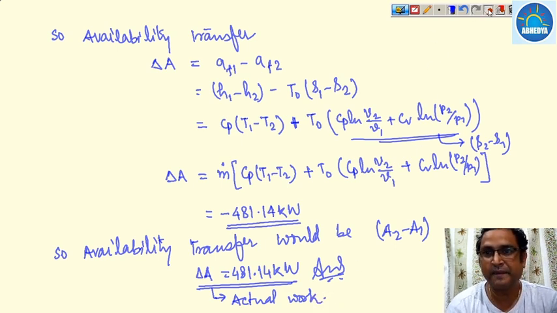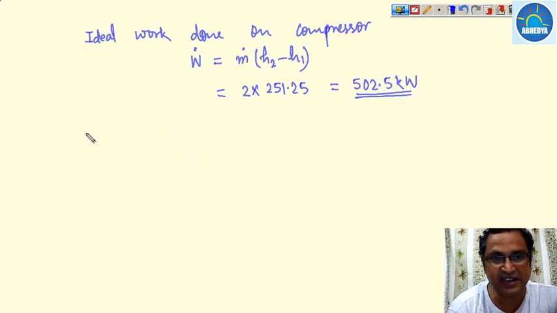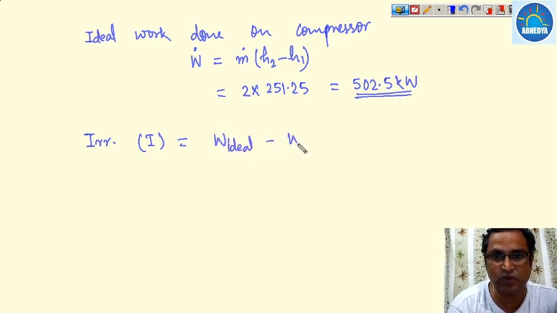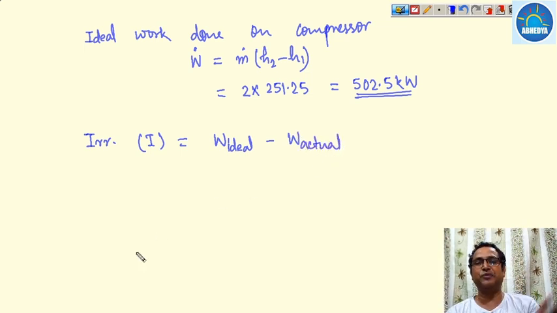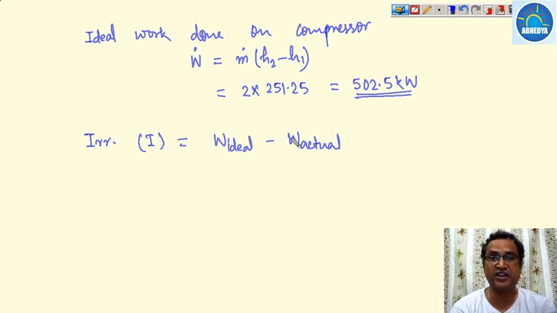Okay, so what is irreversibility? Irreversibility I is nothing but the difference of the ideal work and the actual work, W ideal minus W actual. Ideal work is the maximum work that can be done in the absence of any friction, any irreversibility and all that.